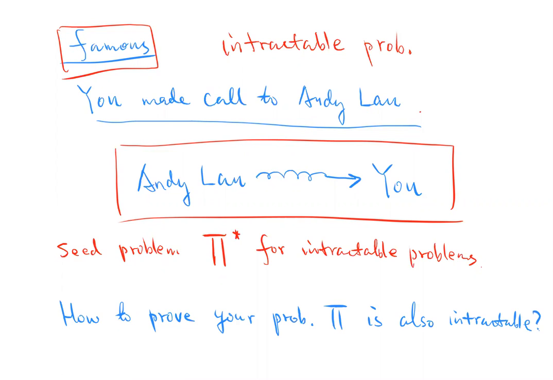All right. So how can we do this? Make a comparison of a call from Lao Dewa to you. So famous here. If Lao Dewa made the call to you, that will prove that you are famous. Now, how can we use this idea to show that pi is hard?